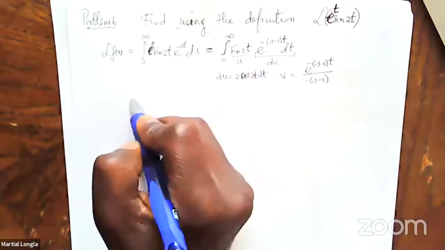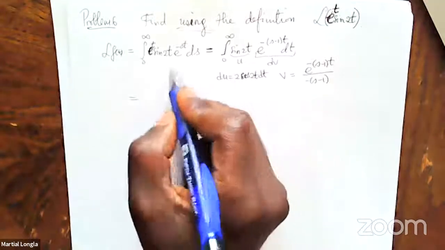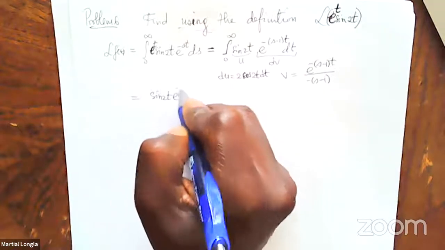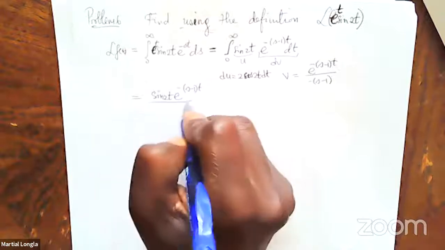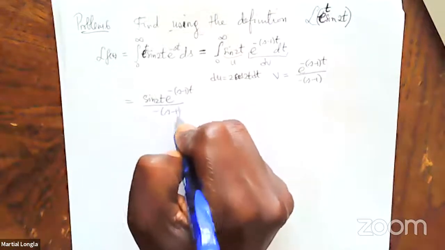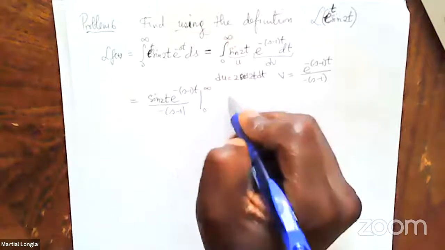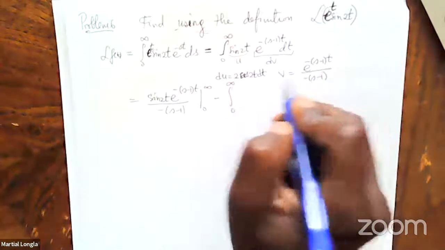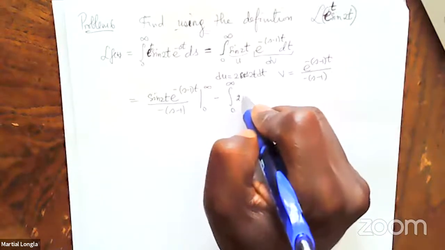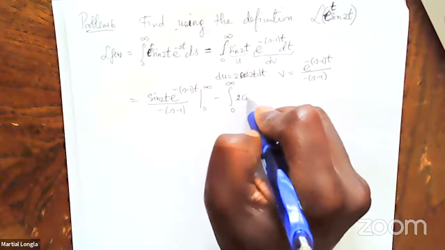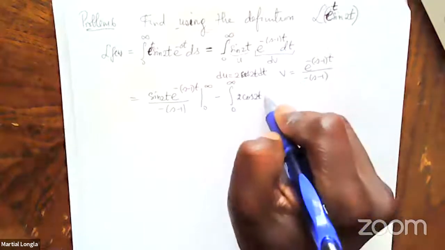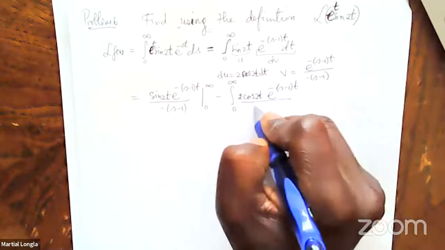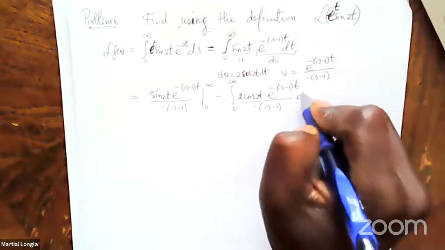And so that is equal to uv: sine 2t e to negative s minus 1 t over minus s minus 1, from 0 to infinity, minus the integral from 0 to infinity of 2 cosine 2t e to negative s minus 1 t over negative s minus 1 dt.